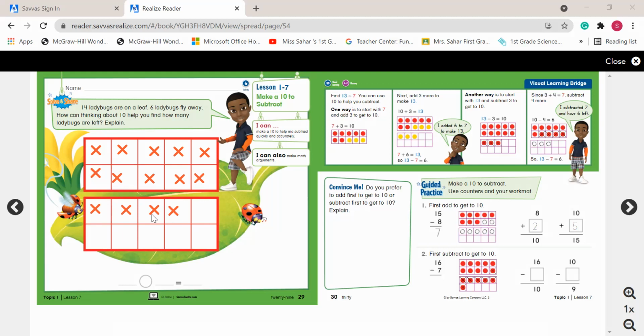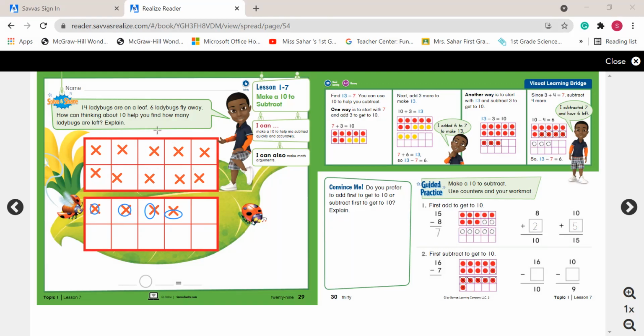So what I'm gonna start to take away is the 4 from the second 10 frame because I only need 1 10 frame. So I'm taking away this 1, 2, 3, 4. Now I have 10, right?